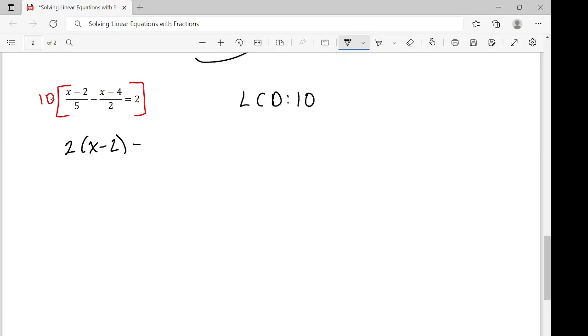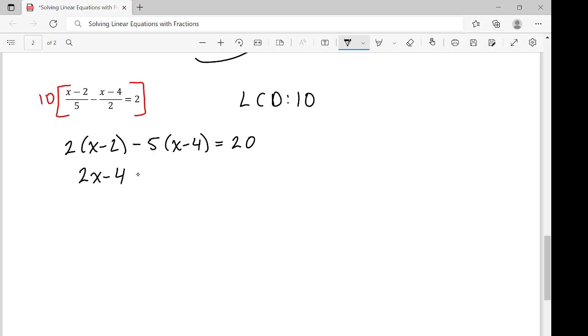This 2 is going to go into 10 5 times, so it's going to be 5 times x minus 4, because again the 2 is gone, and then equals nothing to cancel out here, so 10 times 2 gives me 20.